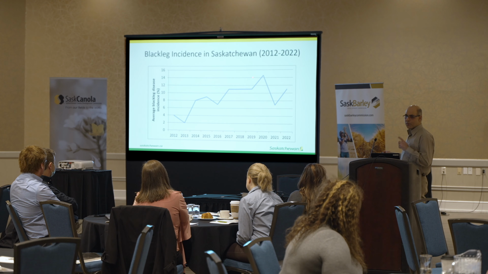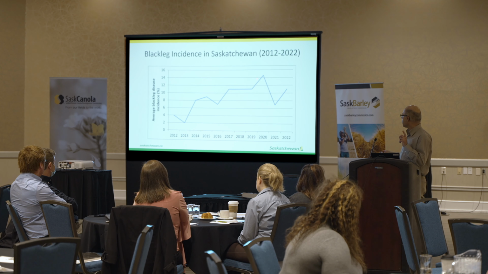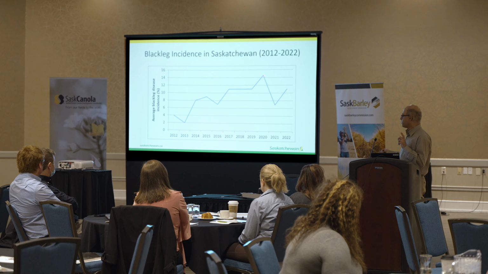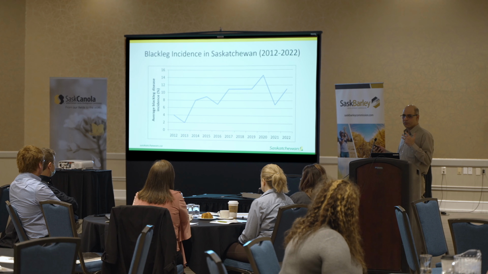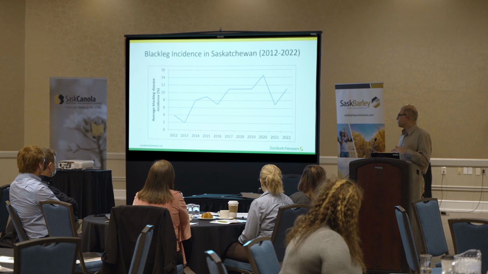And we've been the only province that reported lower incidence of the disease in 2021, and then we got back to high. Alberta just moved up, and Manitoba just moved up, but we reported lower, but we got back. So lots of crops and lots of plants with disease, but low severity.